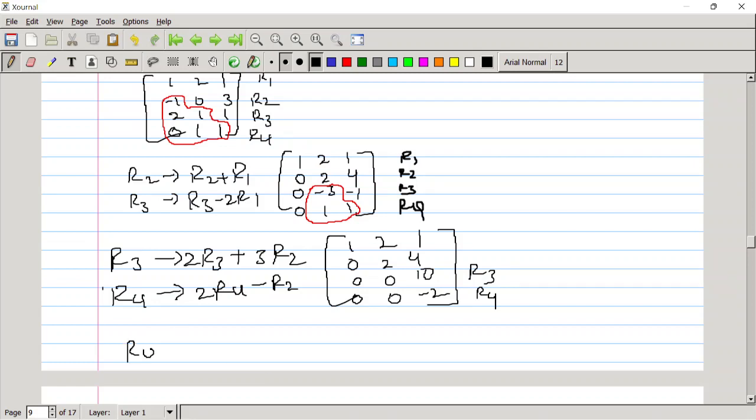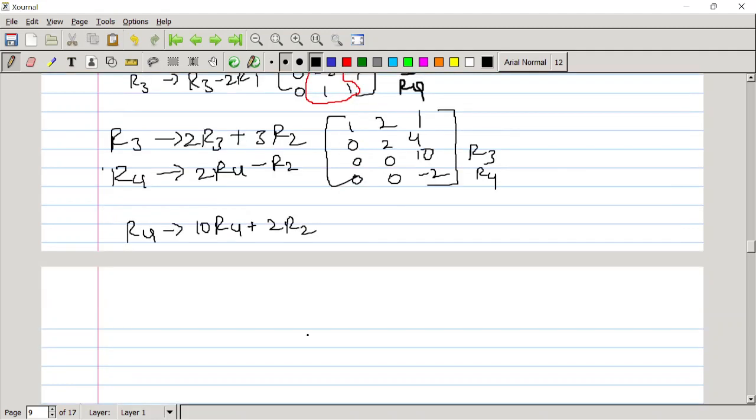The row operation is R4 converting into 10R4 plus 2R3, or even we can use another row operation, which is similar to 5R4 plus R3, because we are just making this element as 0, this element as 10 and adding to the third row. So it is enough to multiply the fourth row with 5 and add it with the third row.